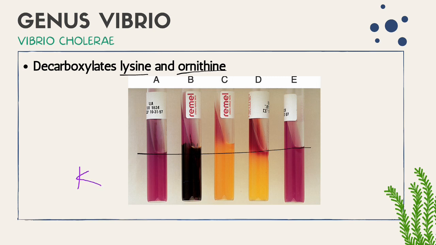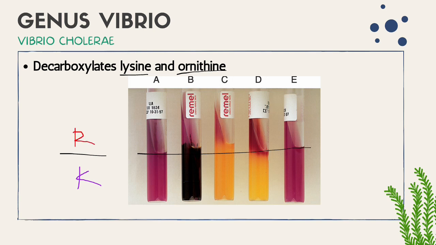Well, for the deaminase, where do we check? We check the slant area or slant part of the butt slant medium. What is the positive result for the deaminase? That is the red color of our slant.